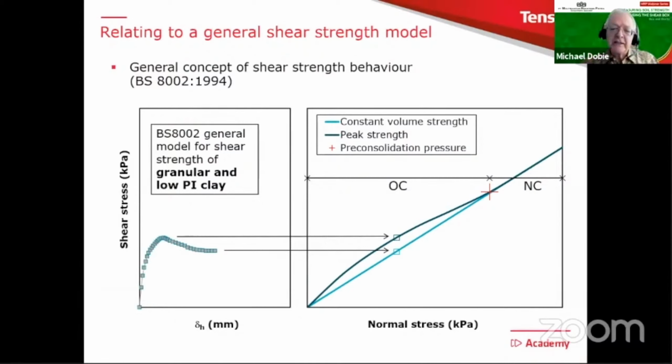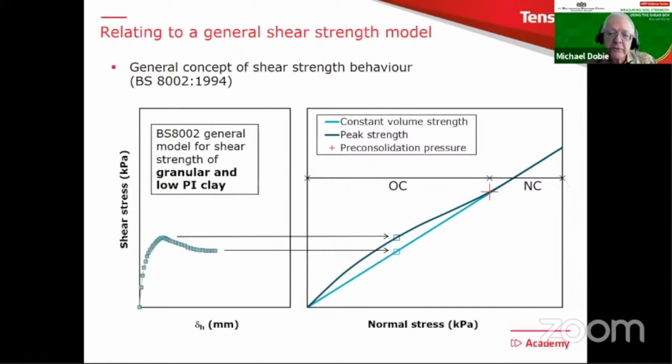But you'll see that the shear strength envelope, in other words, shear stress versus normal stress, has two parts to it. It's got a peak strength, which is the darker color, which is curved, and a constant volume strength, which is the lighter color, and that is a uniform linear straight line.